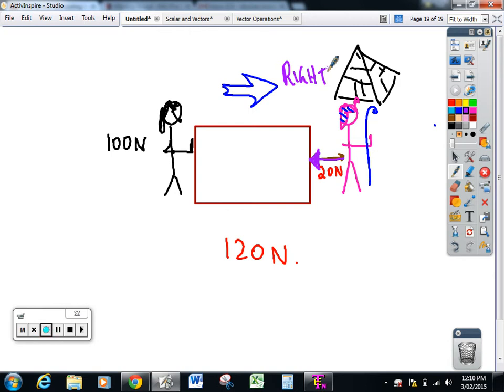And what am I pushing against with? 20. Her slaves are much more powerful than me, at least in pushing this. Obviously, I'm more powerful in Egypt, I'm Pharaoh. But what's the overall this time? 80. Okay, 80 newtons. So forces do add together, but forces are vectors.